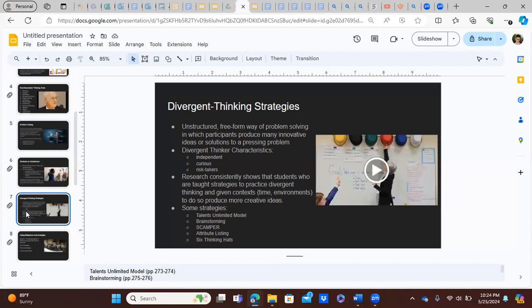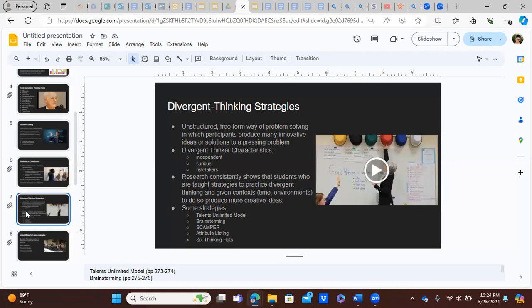So we're going to talk about some strategies. The book actually mentions a lot more. These are mentioned in your book, and we're going to go ahead and talk about these now. But again, I recommend that you check out the chapter in your book that goes along with this particular section, because there are a lot more that you may find really meaningful for your content area or the appropriateness for your grade level.